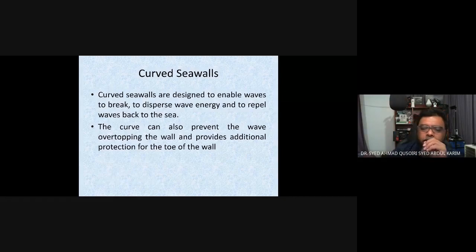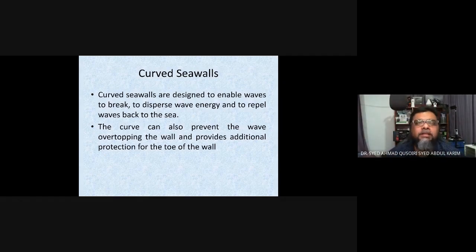So to overcome that, instead of receiving the energy directly and reflecting it back to the sea, we use a curved seawall, which will not receive it. It will just deflect. Okay, deflect the waves.